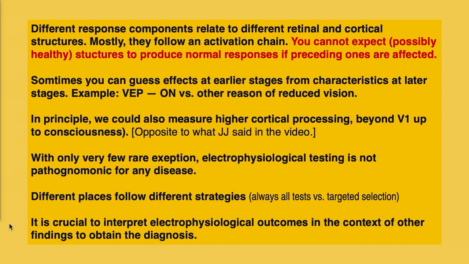But if you do that test with different check sizes and you see that this peak time delay only occurs for the fine checks and not so much for the large checks, then this is a sign, or at least a high likelihood, that this is actually not optic neuritis, because it should affect all check sizes. Rather, it's something at preceding stages. Maybe the vision is just blurry and the fine checks are not resolved properly, and this might result in a peak time delay.